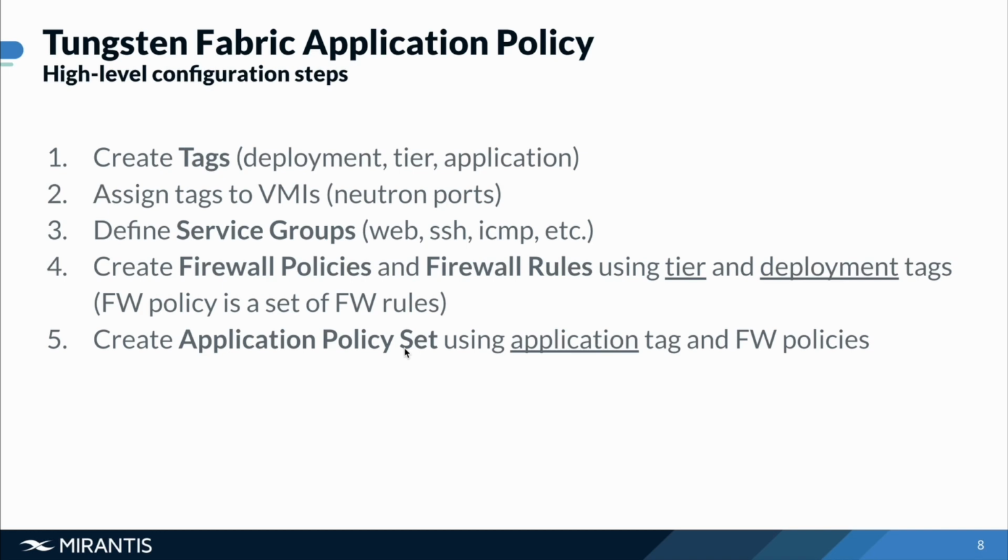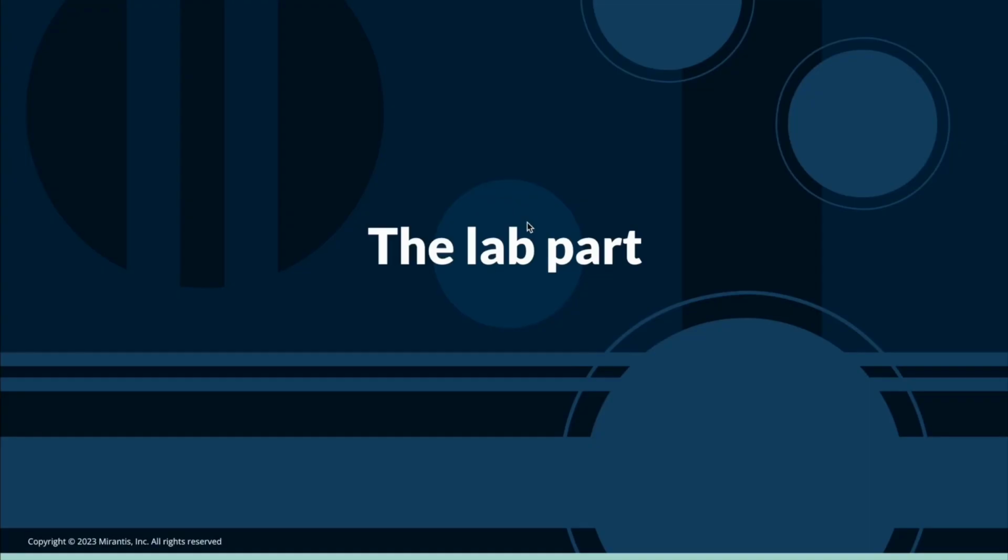Finally, we dive into setting up application policy set, which associates recently configured firewall policies and the respective application tag. Keep in mind that the application policy won't be active until the application tag is set. Let's move on to our lab environment.